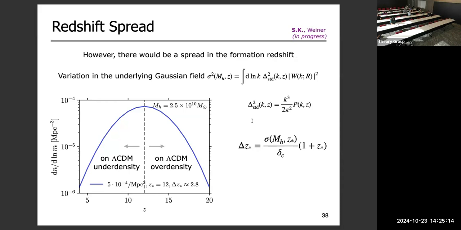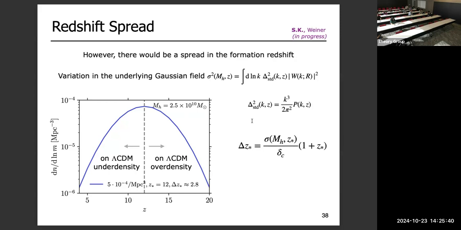And that would mean that the collapse would happen even earlier. But in some cases, it would sit on an underdensity, which means the collapse would happen later than usual. So what that tells you is that there is some inherent spread in the rare galaxy formation just because you're sitting on an ambient Gaussian random field. But you can estimate how big this spread is.